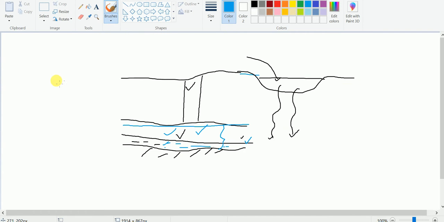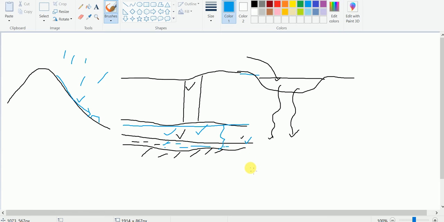For example, this is the catchment area, and when there is rainfall, the rainwater will be running downwards as runoff. But if we capture this runoff, for example by constructing check dams, then it also checks the soil erosion. So that is the point mentioned here.